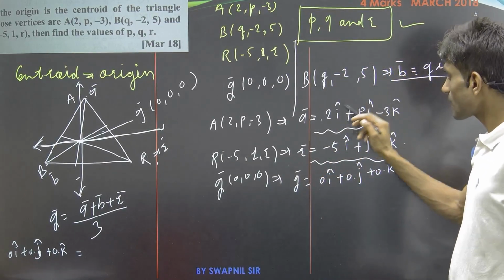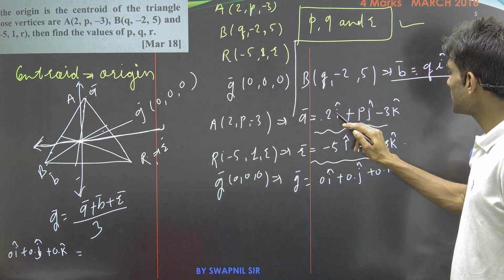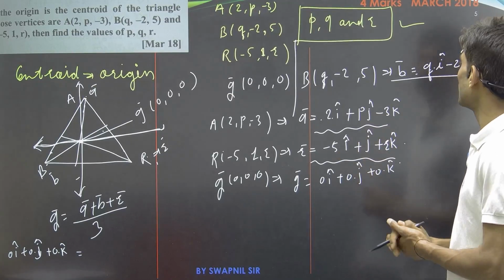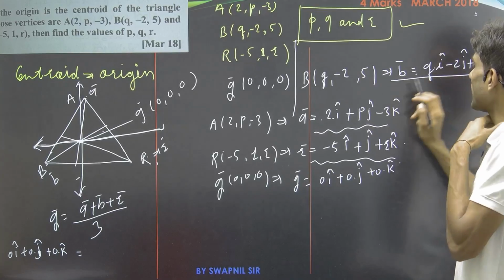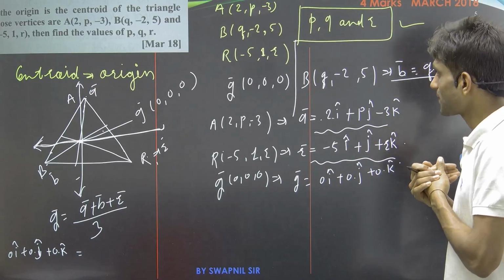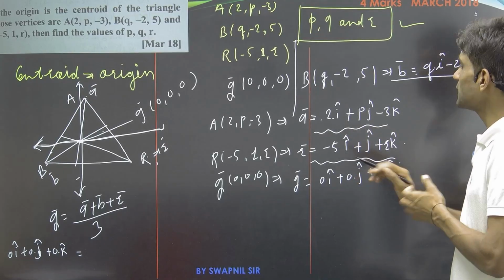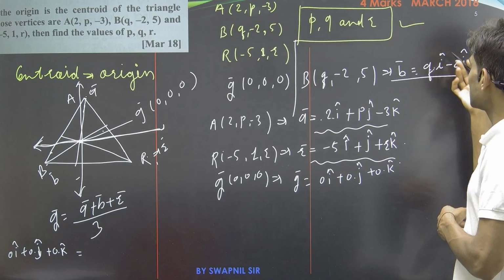Now I add the i cap coefficients. So a bar plus b bar plus r bar gives 2 i cap plus q i cap minus 5 i cap. Going for the addition, 2 minus 5 can be written as minus 3 times i cap plus q times i cap.